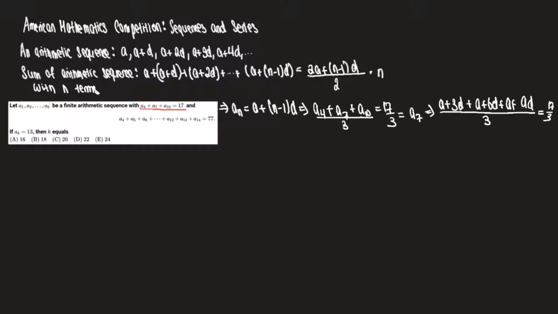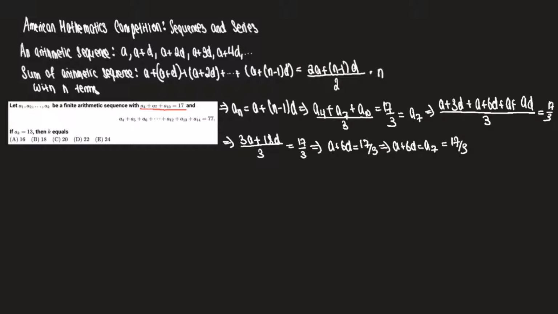Now I'm going to continue. And now I get 3A plus 18D divided by 3 is equal to 17/3. I can factor out the 3 and cancel it with the denominator, and then I get A plus 6D equals 17/3. And A plus 6D, by definition, is equal to A sub 7, which is equal to 17/3.